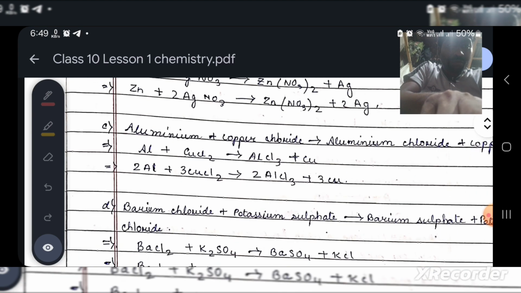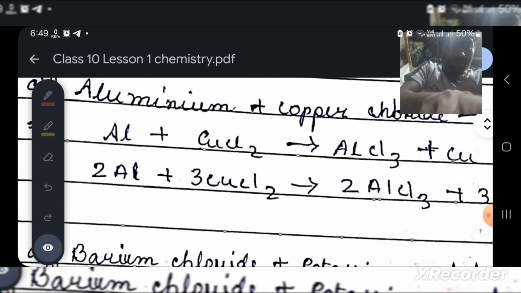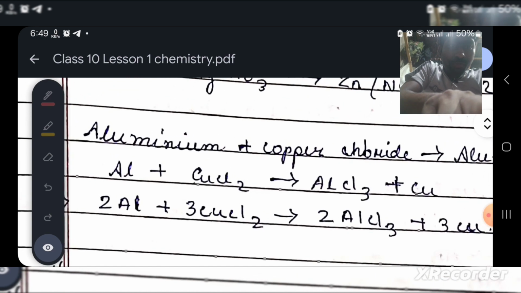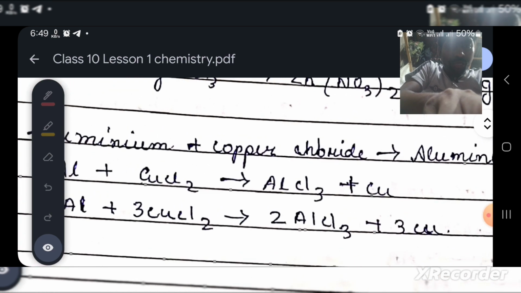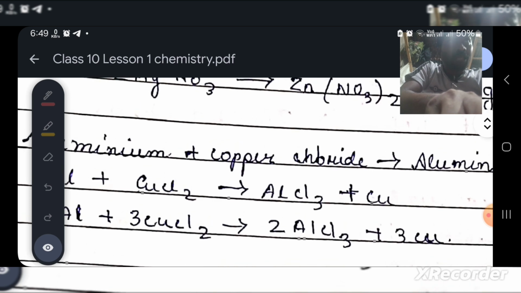Now you can look that aluminum is equal, copper on both sides is 1 and 1, equal, but chlorine has 2 in the reactant side and 3 in the product side.